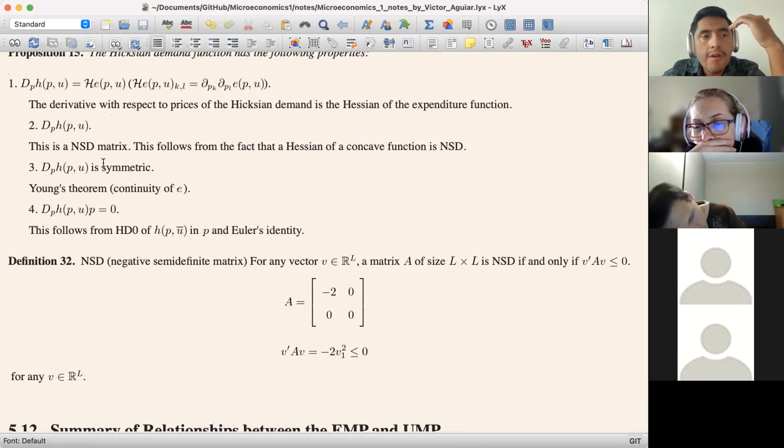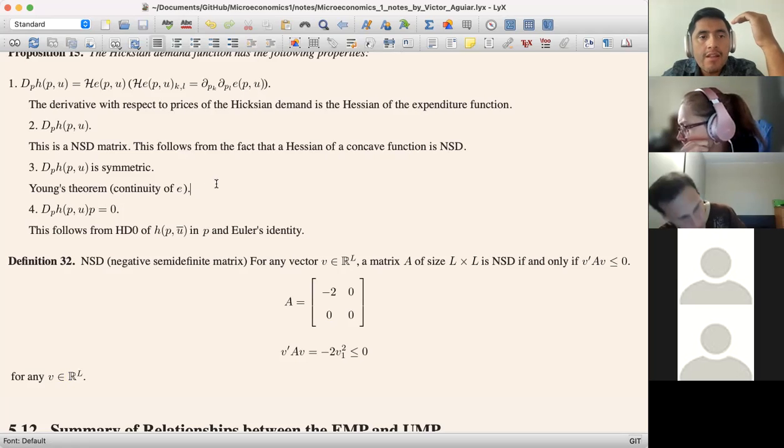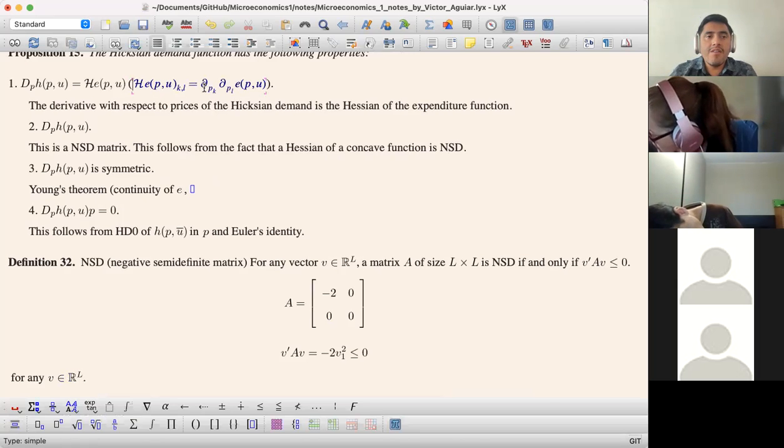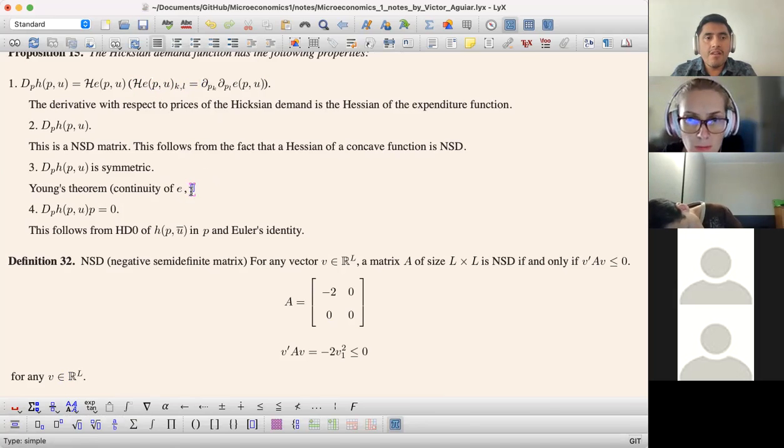And in the last minutes, it turns out that this matrix of substitution of prices is also symmetric. And why is it symmetric? Because there is something called Young's theorem that essentially tells me that because of continuity of expenditure, the cross partial derivatives of a continuous function are going to be symmetric in the following sense.